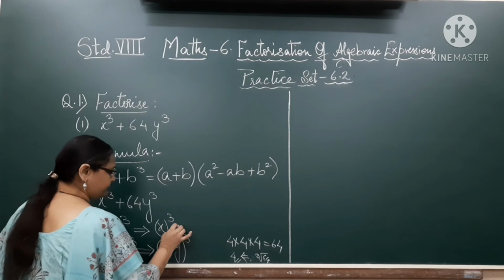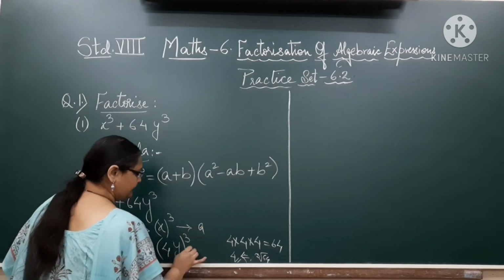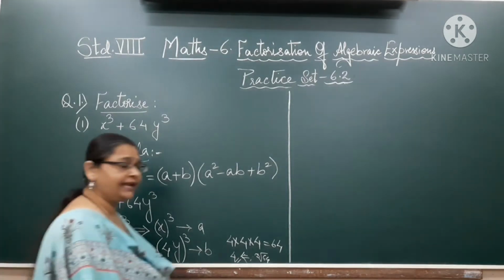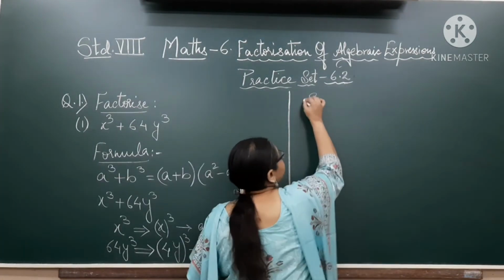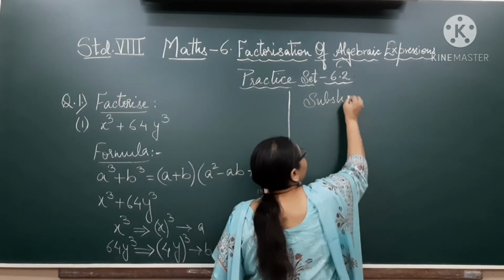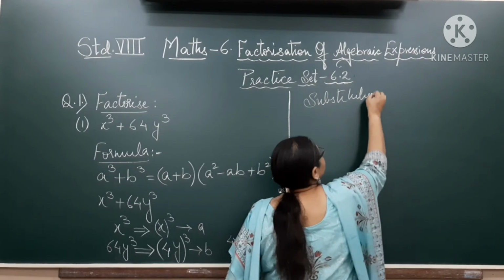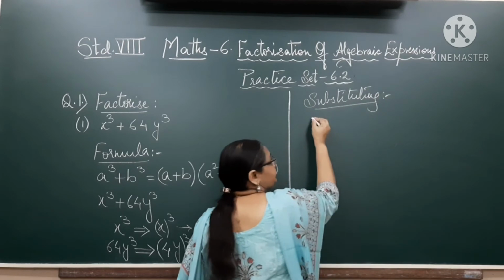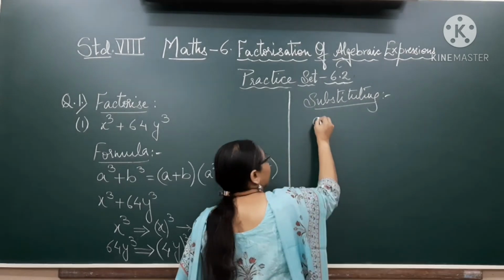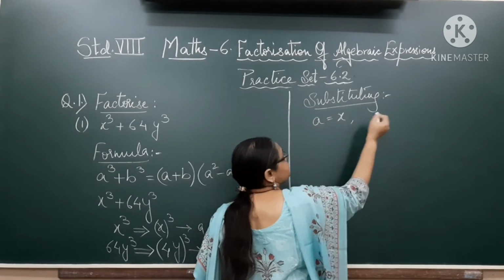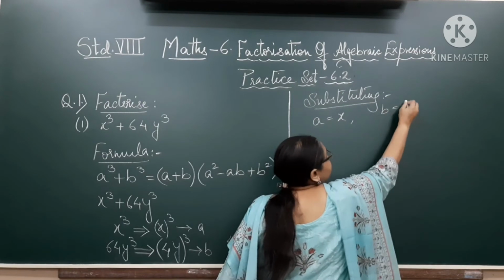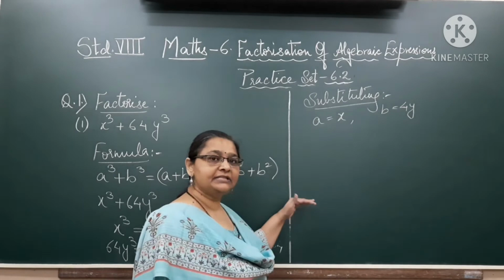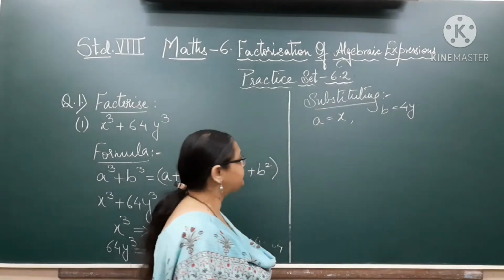Now this is going to be our a and this is going to be our b. So shall we substitute and just see? By substituting a as x and b as 4y, let us solve this algebraic expression now.